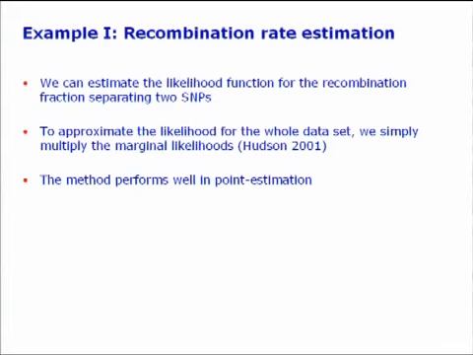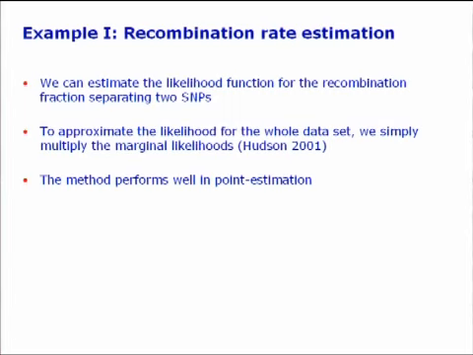So the idea that I'm going to explore, originally proposed by Dick Hudson a few years ago, is to say we can't compute the likelihood for the whole thing, but we can do it for these subsets of the data. So let's simply take the likelihood surfaces from these subsets and multiply these marginal likelihoods together.